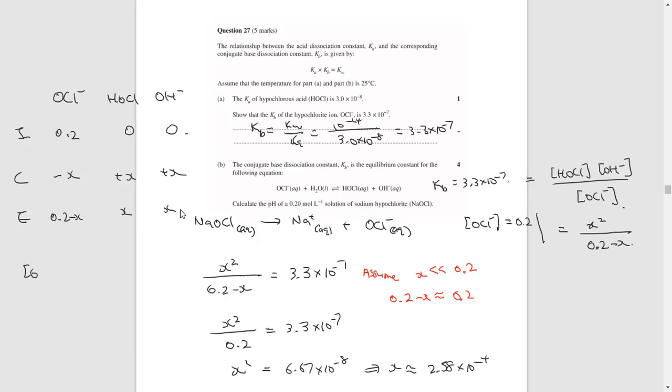So we have at this point worked out the concentration of hydroxide is 2.58 times 10 to the negative 4, which lets us work out pOH by taking the negative log base 10 of that, which is 3.59, which of course lets us get the pH, which will be 14 minus that, which will be 10.4. And that would be your answer to this question.